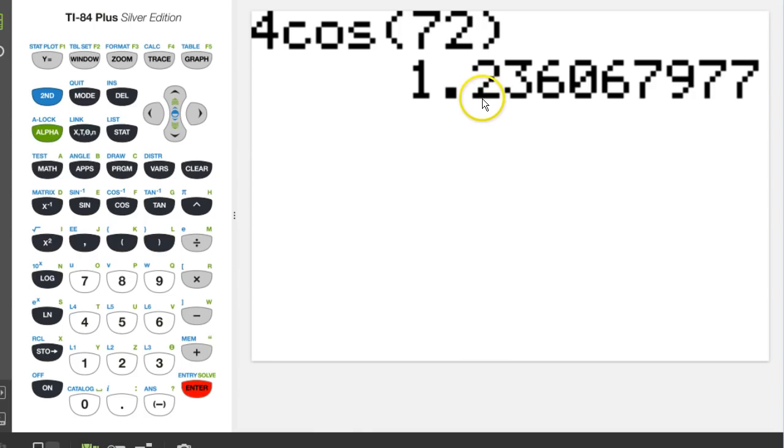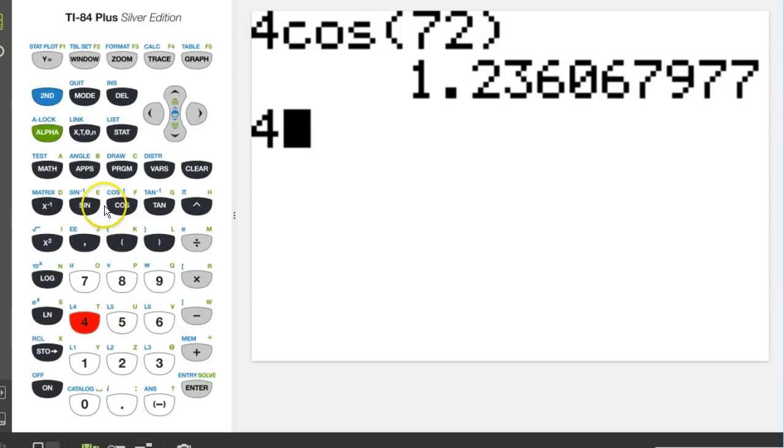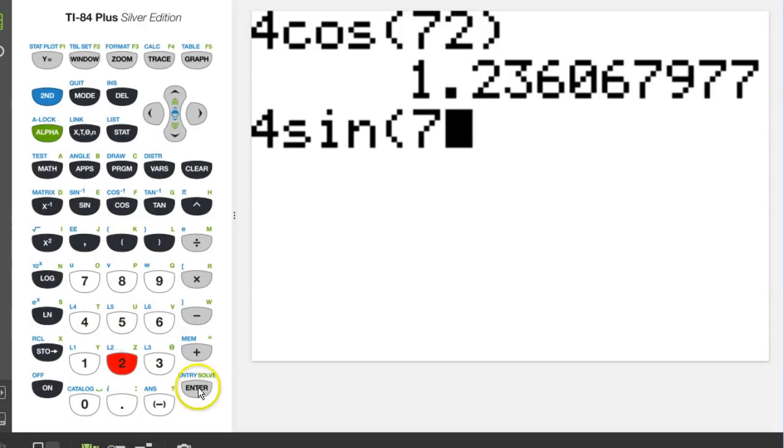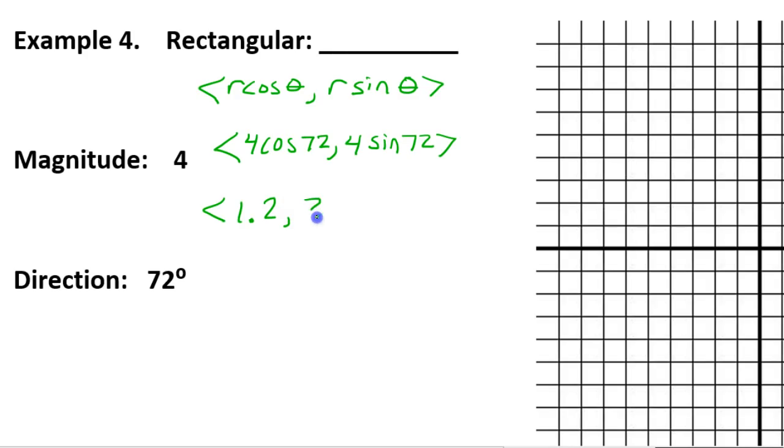I'm going to round to 1 decimal place, so 1.2. 4 sine 72 is 3.8. Okay, so rounded to 1 decimal place, 1.2 comma 3.8 would be the component form or rectangular coordinates.